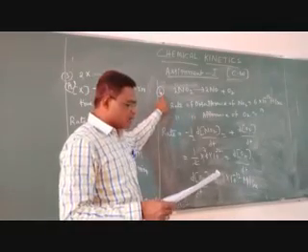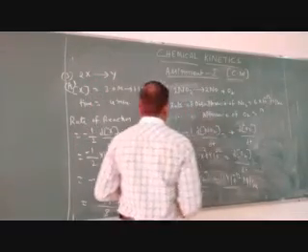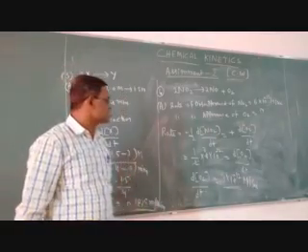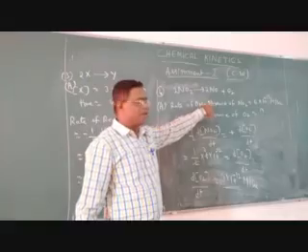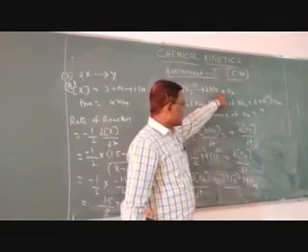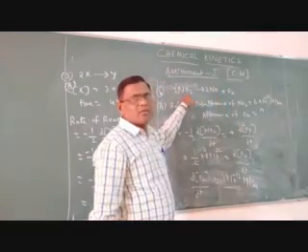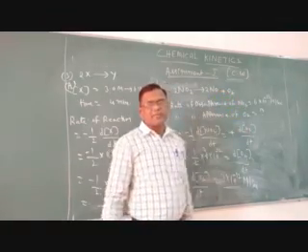This is about the fourth question. The answer is 3 into 10 to the power of minus 12. Answer A is correct, children. So what is asked here? The rate of disappearance of NO2 is given, but the rate of appearance of O2 is asked, because O2 is a product, that's why appearance. NO2 is a reactant; as the reaction progresses, its concentration disappears.